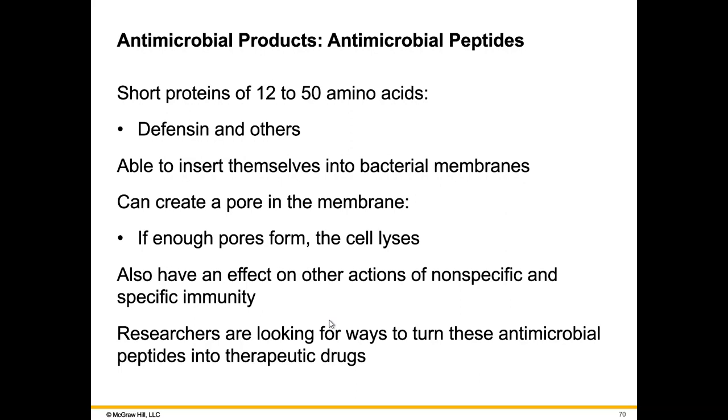What they do is they insert themselves into bacterial membranes and are going to serve a similar effect as the MAC attack, where it will create a pore in the membrane, and if it's big enough or if there's enough of them, it will cause the cell to burst. And this is also a non-specific example of an action on a pathogen.